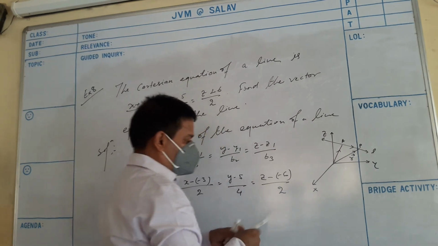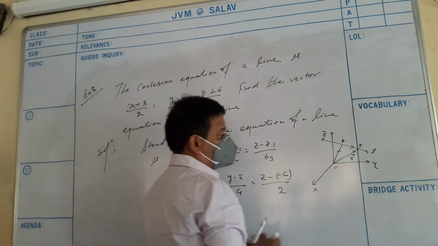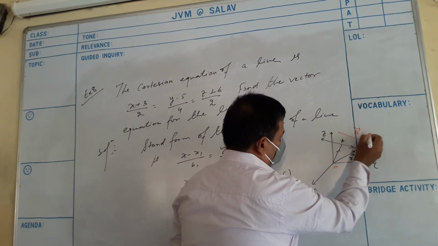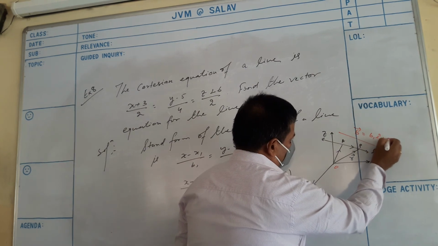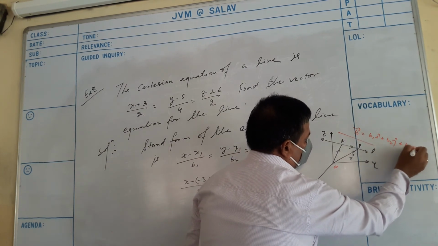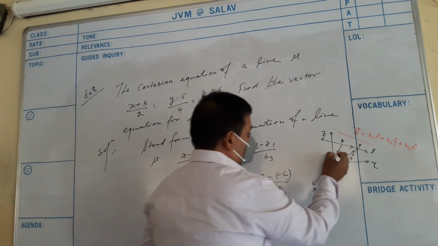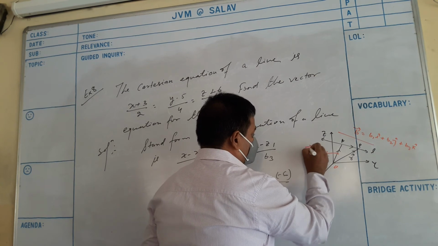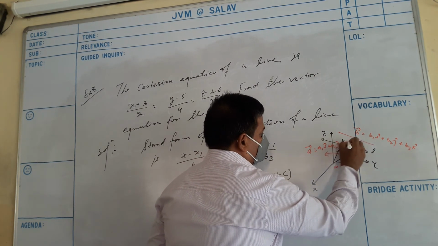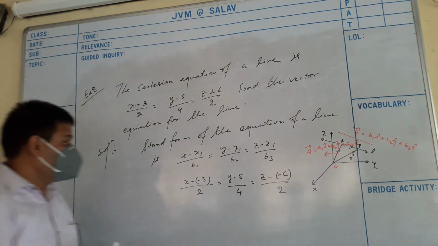See here the origin. Any doubt? And this is vector B. What is vector B? v1 i, v2 j and v3 k. Clear? And what is vector A? Vector A is a1 i, a2 j and a3 k. Clear?